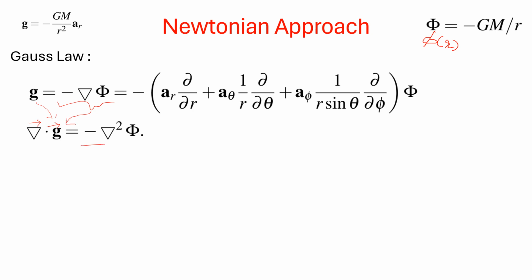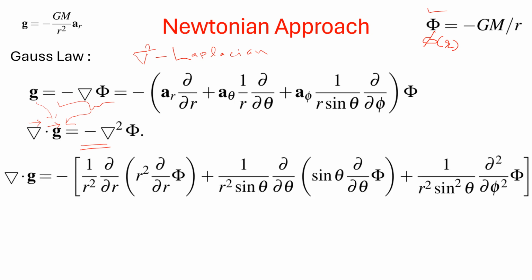This offers us minus del square phi. This del square is called the Laplacian operator, and phi is the same gravitational potential function. Now, del square operator in spherical coordinates can be represented as the one appearing on your screen in the square bracket.